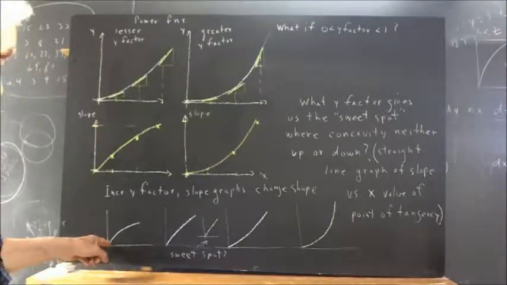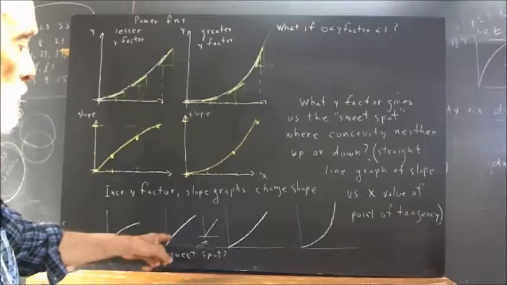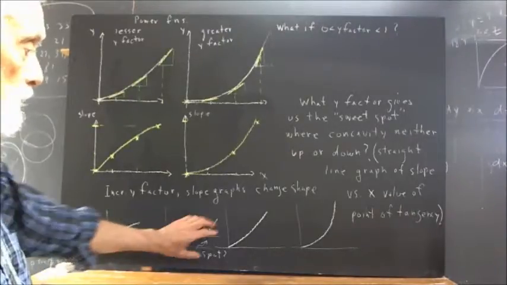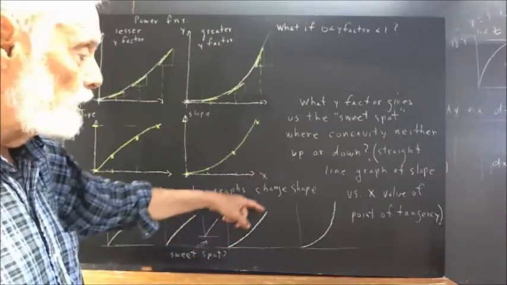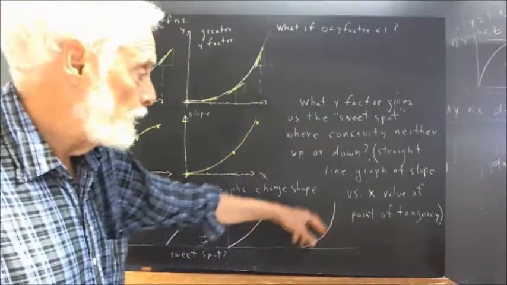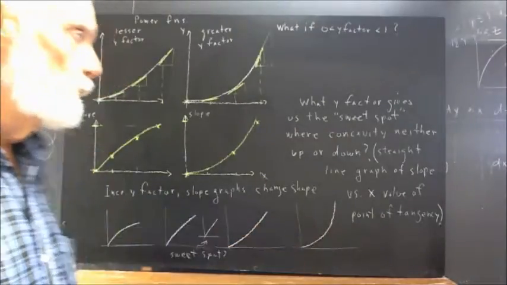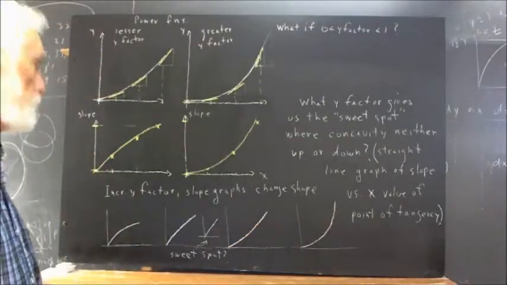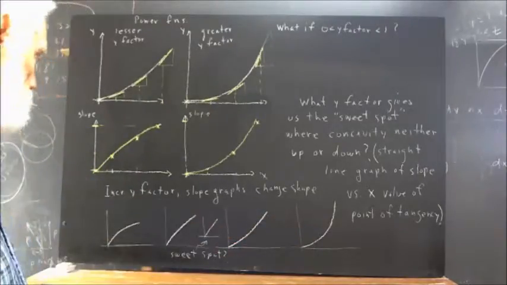Well, we have a significant downward concavity here. Here we have only a little bit of downward concavity. Ignore this for a minute because we want to make this plausible. Here we have a little bit of upward concavity. Now here we have even more upward concavity. And this is the progression we would expect if we progressively increase the y factor.